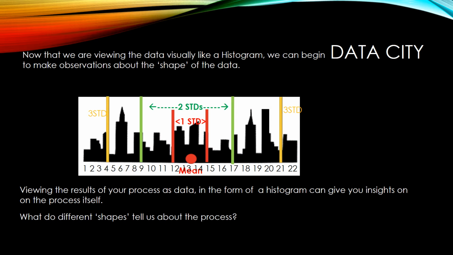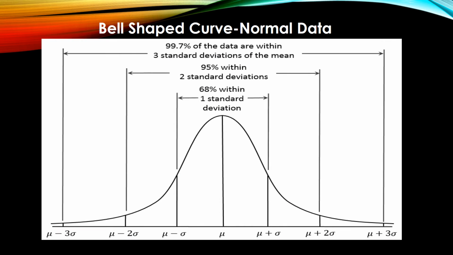And what do these different shapes tell us about the process? So this is a bell-shaped curve. This is a histogram of what is called normal data. And this is kind of what you're hoping for. You want to have a mean that is right in the middle of your data, and you hope that 68% of your data is within one standard deviation higher or lower than that mean.